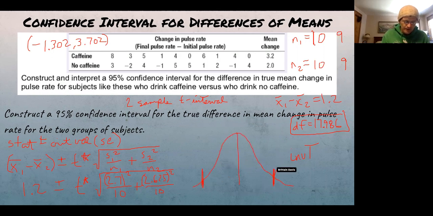So this right here is my 95% of the data. I don't want to have 2.5% up top. That's where I don't care about, and 2.5% at the bottom.